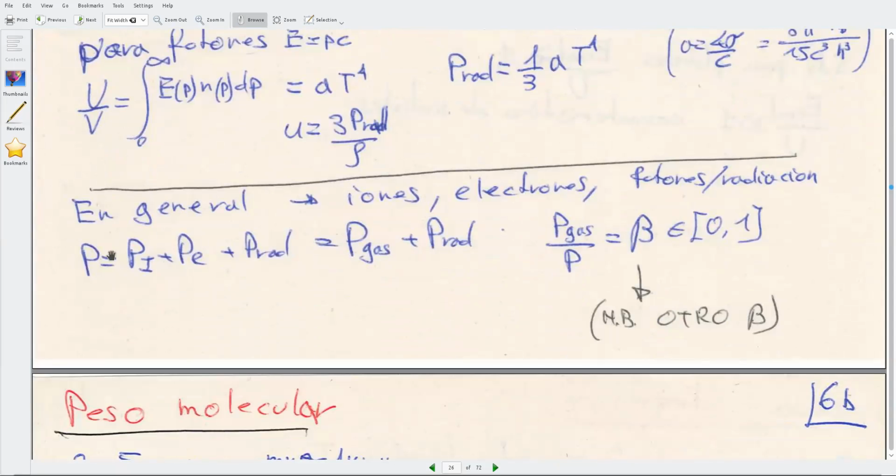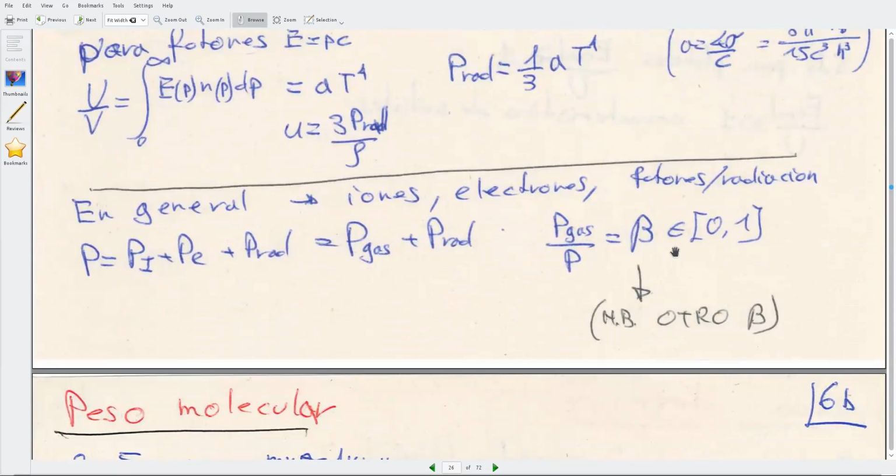And we defined that in general we have pressure of ions, electrons, and radiation, so pressure of the gas and pressure of radiation. The pressure of the gas divided by the total pressure is what is beta.